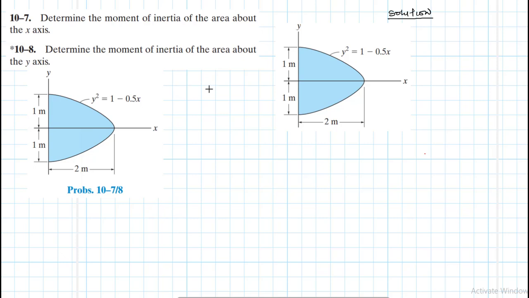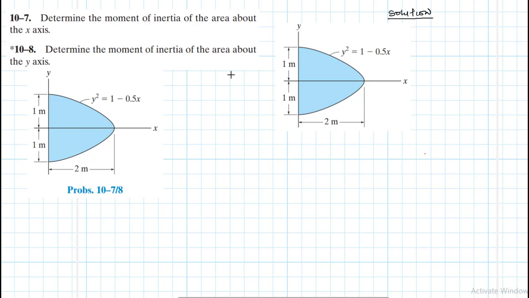The units for this property are units of length to the power 4. For SI units, this could be millimeters to the power 4 or meters to the power 4, and for imperial units, feet to the power 4 or inches to the power 4.